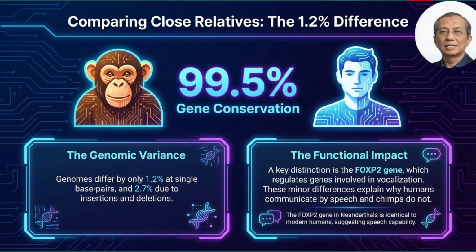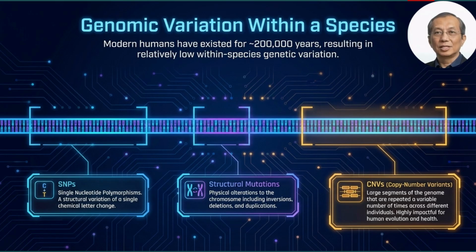Even within a single species, such as modern humans, there is significant genomic variation, albeit relatively low given that humans have existed for approximately 200,000 years. This variation manifests in several forms. Single nucleotide polymorphisms, or SNPs, are single base pair changes in the DNA sequence.